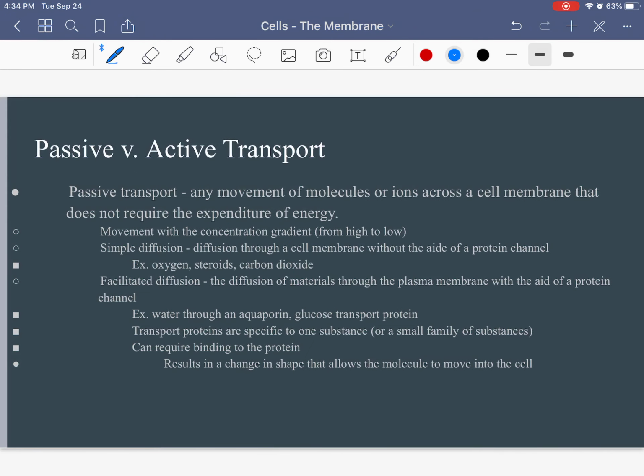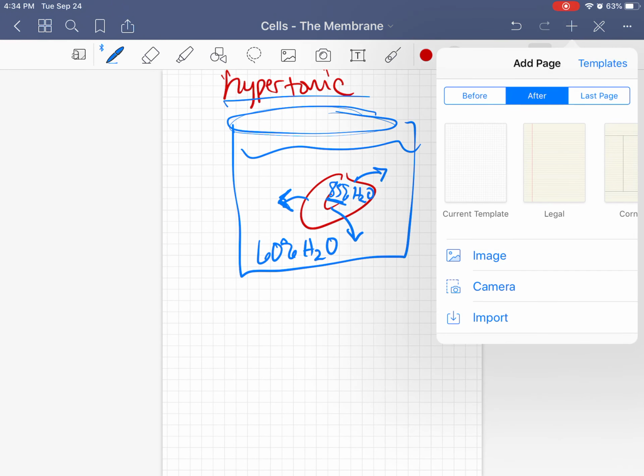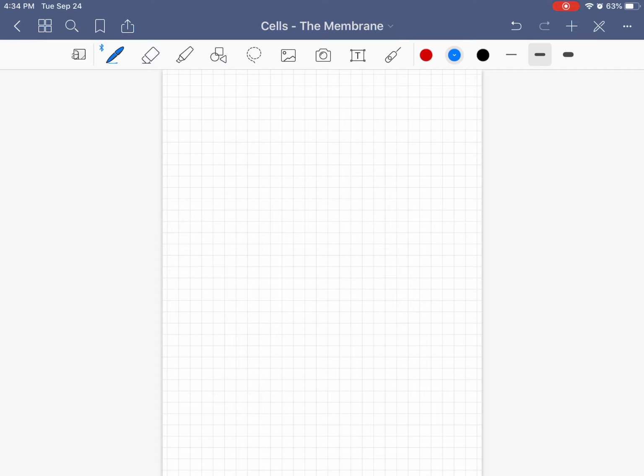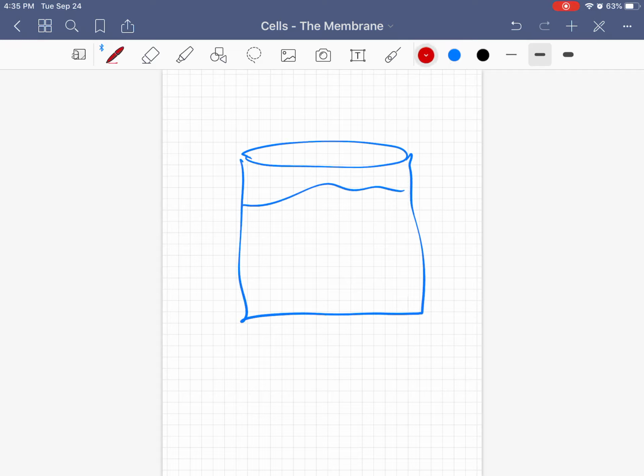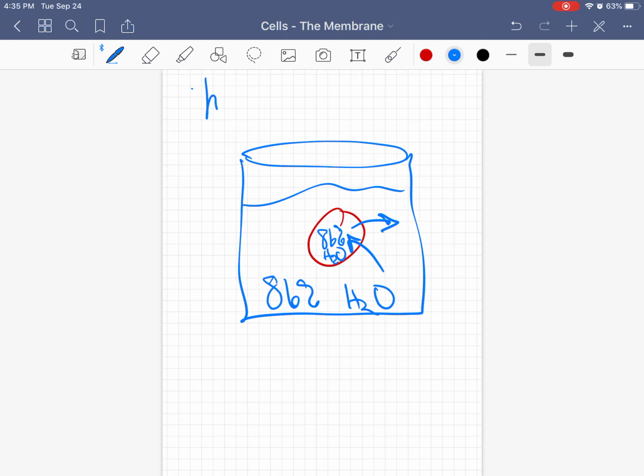So if we illustrate isotonic, we have our beaker with water, and it has a cell, and we have an 86% concentration of H2O outside the cell, 86% concentration of H2O inside the cell. So water is going to go out and it's going to go back in, but there is no net change.